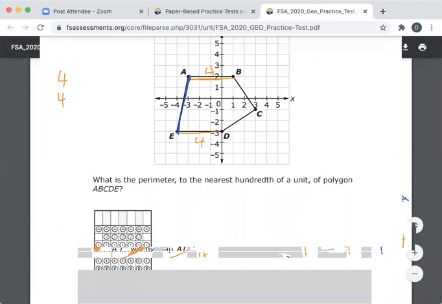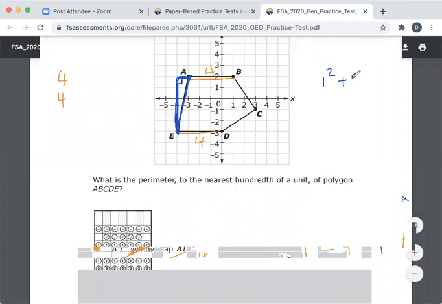What I'm going to do is make a triangle right here. So I can use the Pythagorean theorem to figure out what the hypotenuse, or side EA, is. So the A side is 1. Remember, the Pythagorean theorem is a squared plus b squared equals c squared. So 1 squared plus, and then this side, the up and down side, is from -3 to 2.